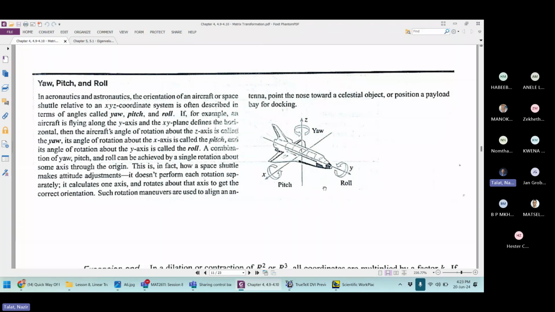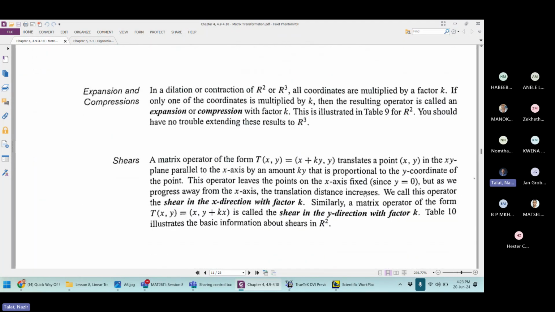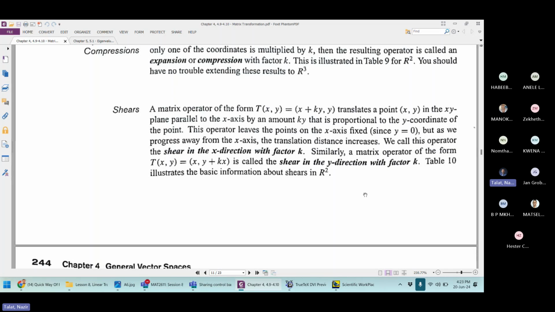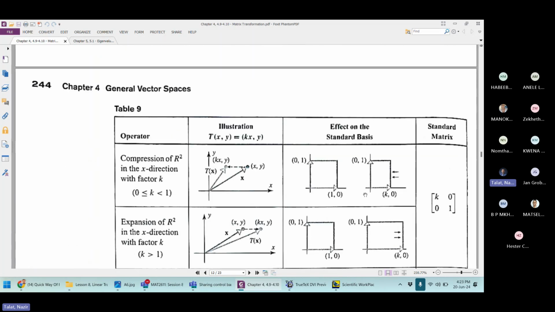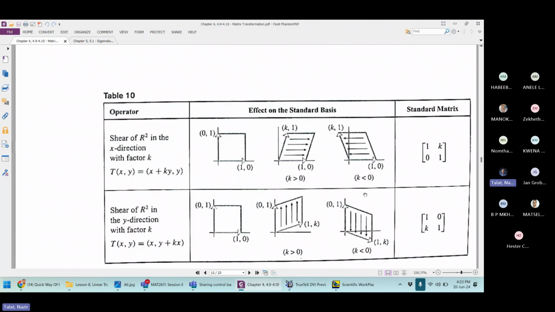For example, rotations, such as rolling and pitch, and the rotation of these elements can be controlled by these types of linear transformations or linear operators. So these are the examples, and hopefully you can see how we can get the other form.